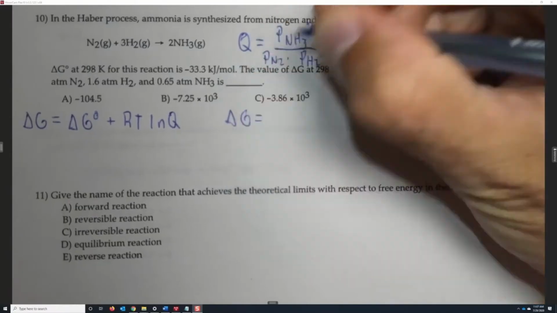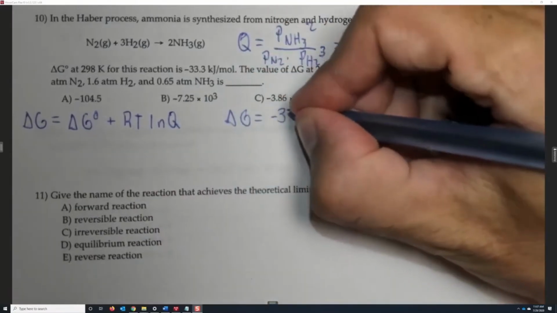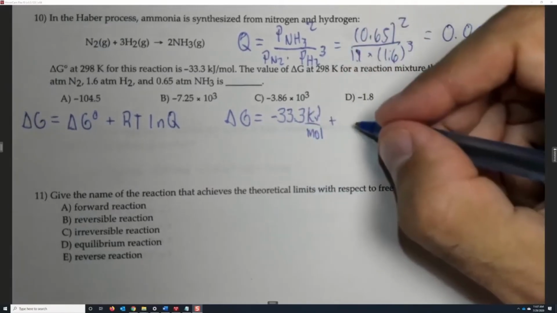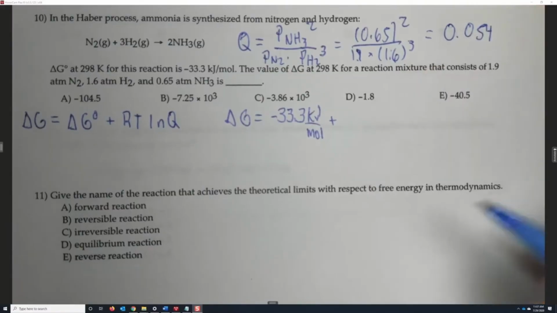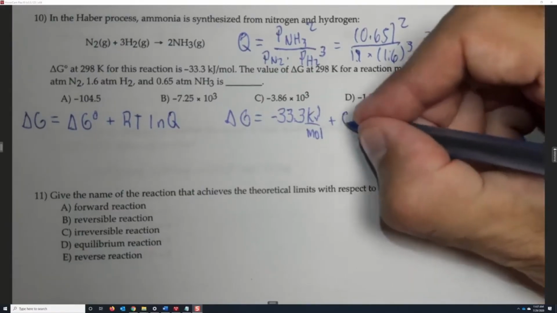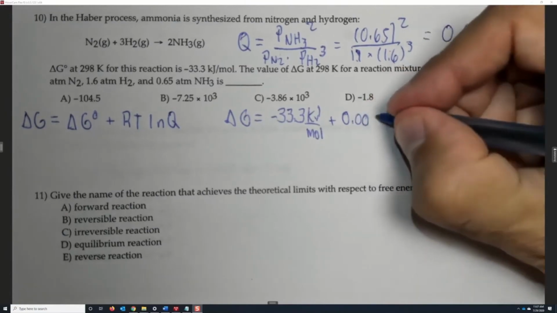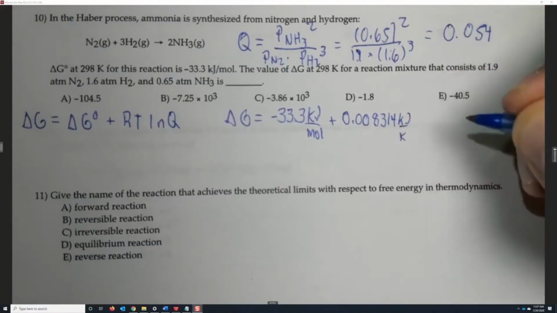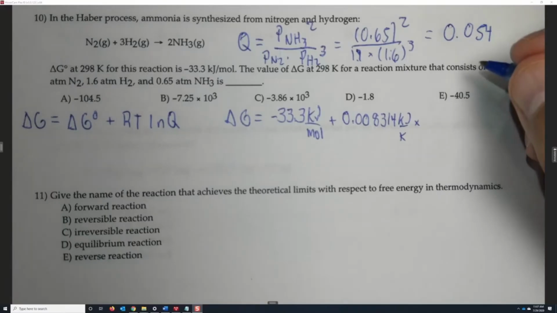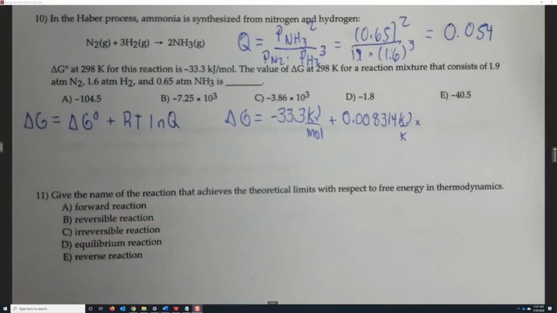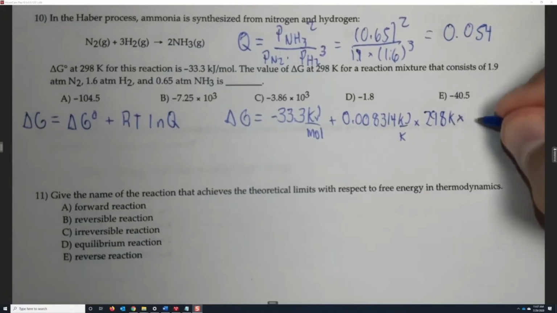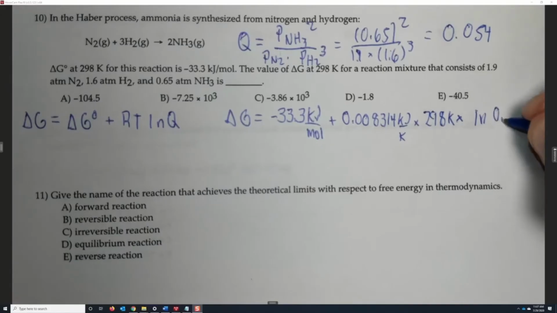So now we can come back over to this other equation and we can plug in. Delta G equals the delta G naught, which is minus 33.3 kilojoules per mole, plus R, which has to be in kilojoules, so not 8.314, but 0.008314 kilojoules per K, times the temperature, which is given in the problem, 298 K, times the ln of Q, which we just found, 0.054.